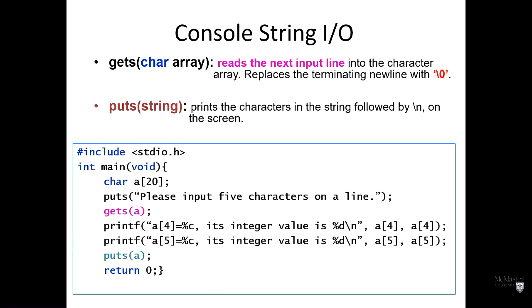So one example is here: print "input 5 characters on a line", then you do gets A, and then you print the last 2 elements of that string, the character and its integer value. Do we have time to try this? So you guys maybe spend 2 minutes trying this.